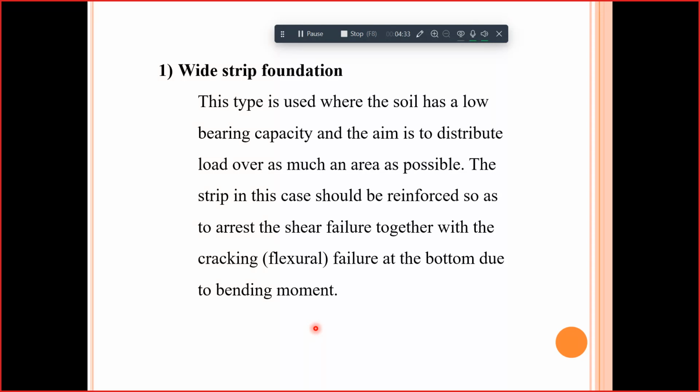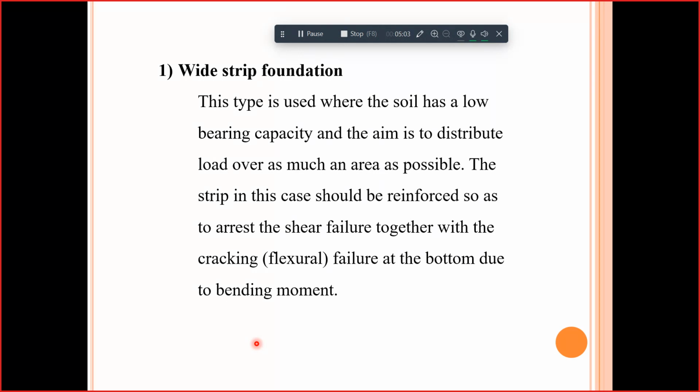The strip in this case should be reinforced so as to avoid shear failure together with the cracking failure of the bottom due to bending moment. Okay, thank you. So you see that wide strip foundations are used where the soil has a low bearing capacity.